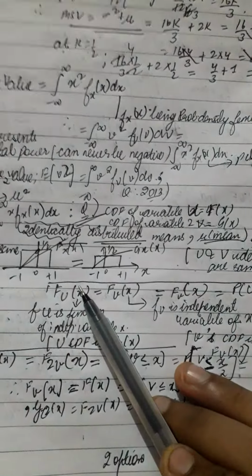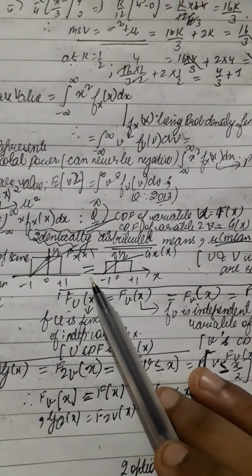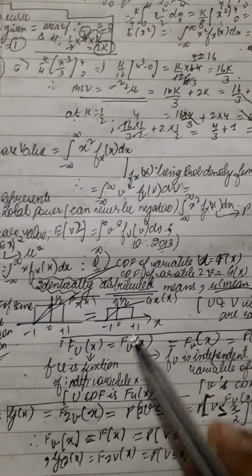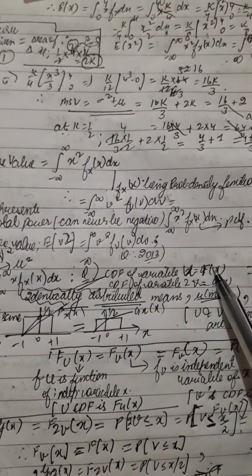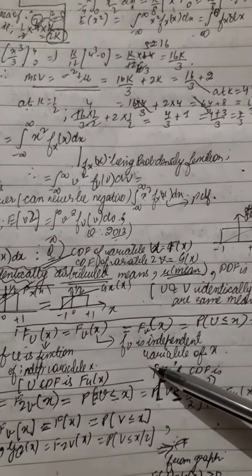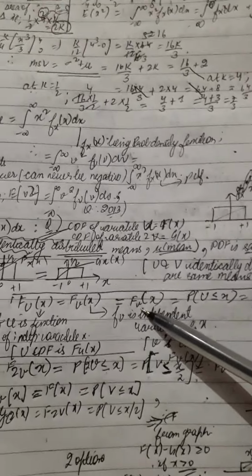F of U of x, where x is a random variable whose CDF is given as F of V of x, and F of U of x is equal to F of V of x, as they are identically distributed functions. So what will be the CDF according to the formula of CDF?